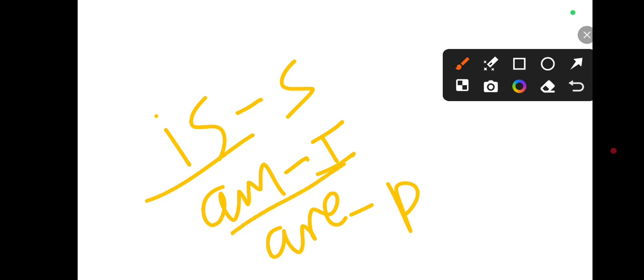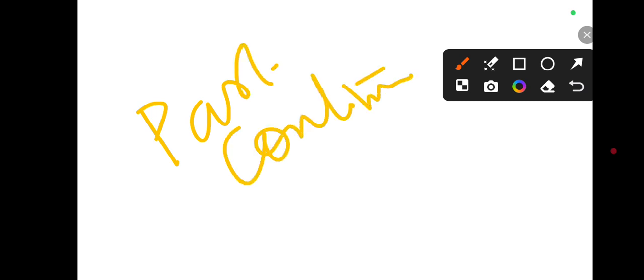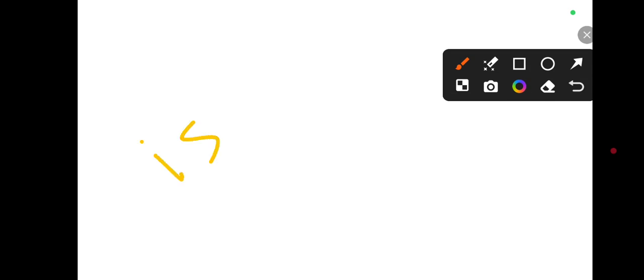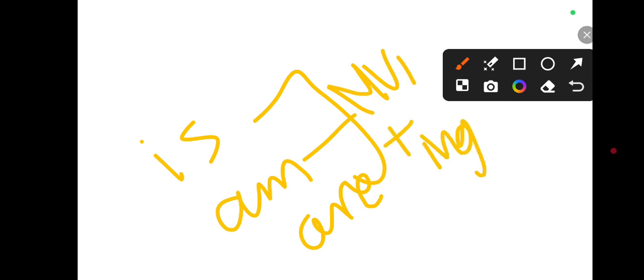I am teaching you, I am explaining tenses, like this, okay? So that is present continuous. Present continuous uses am, is, are, and is always followed by main verb first form plus ing, right?